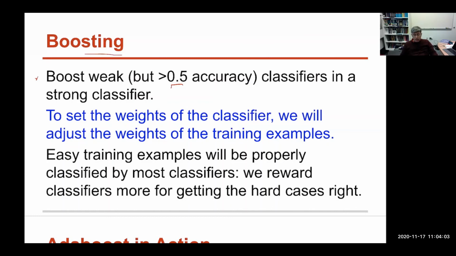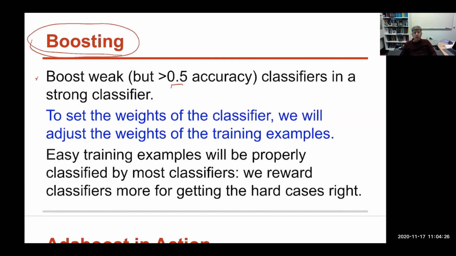The idea of boosting approaches tries to build an accurate classifier by identifying which examples are hard. The examples that are hard are the ones that the current classifier is getting wrong, okay?